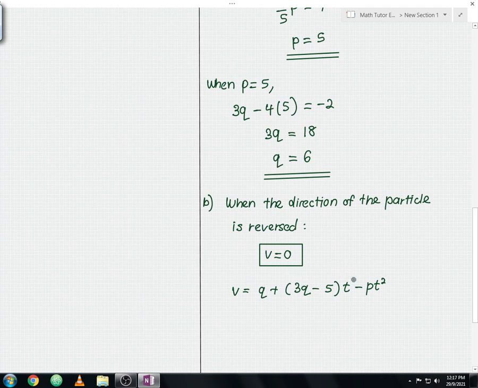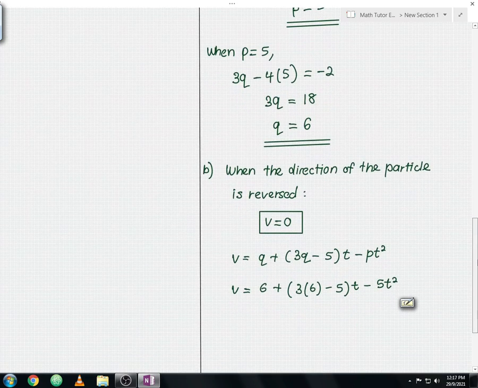into this velocity equation. So from here v will be equal to 6 plus (3 times 6 minus 5) t minus 5 t squared.